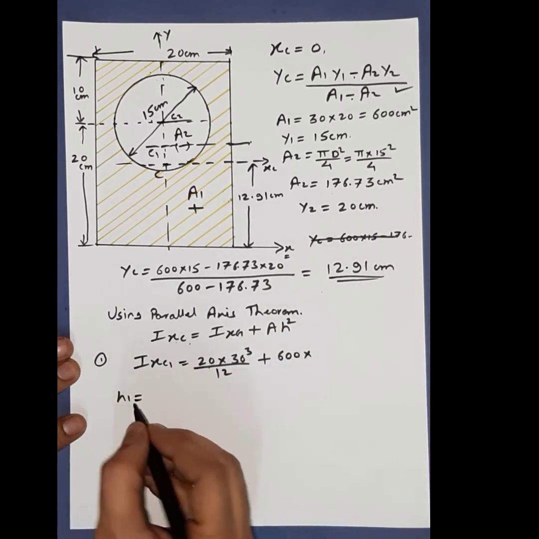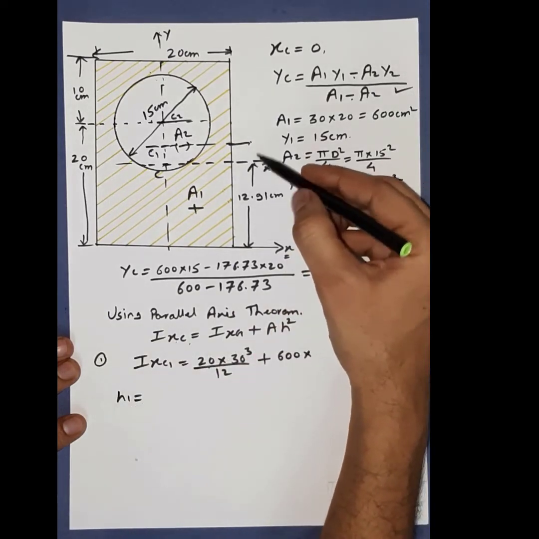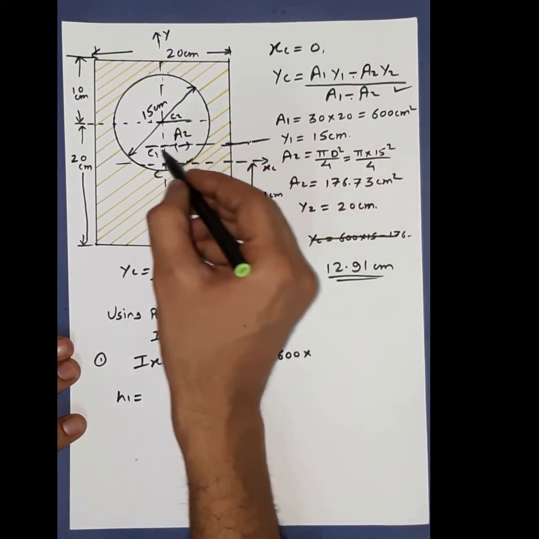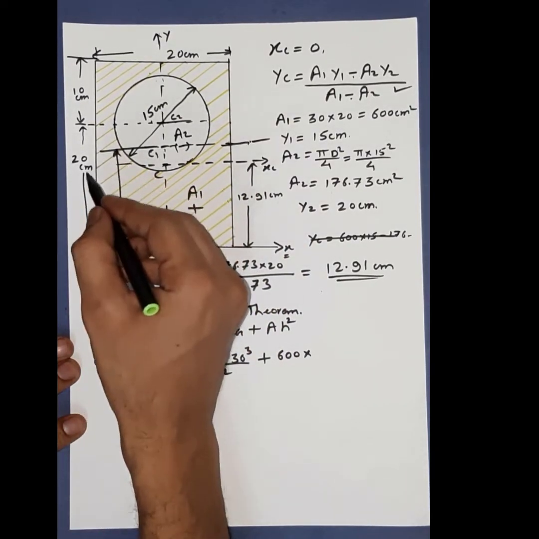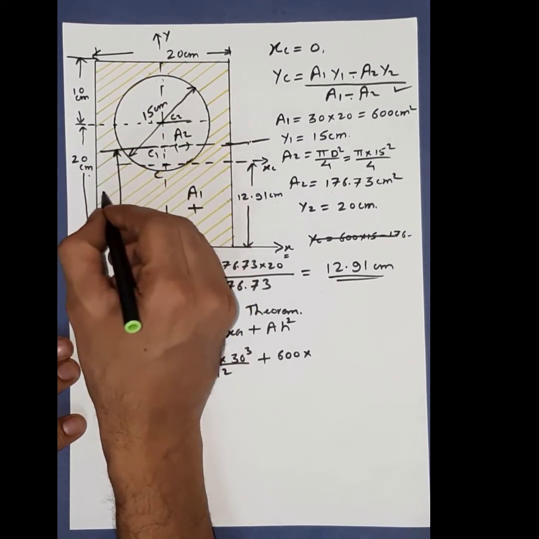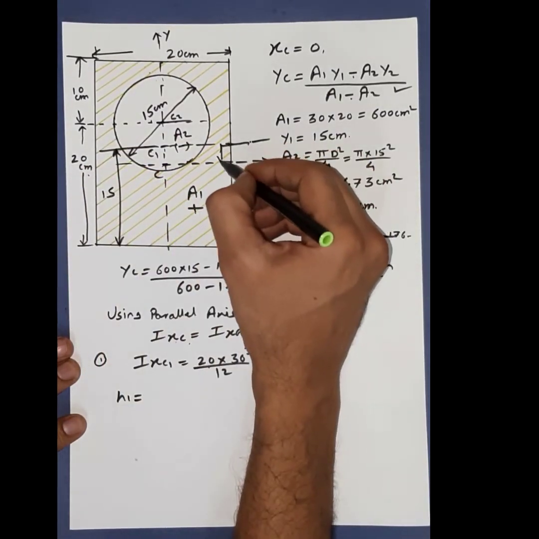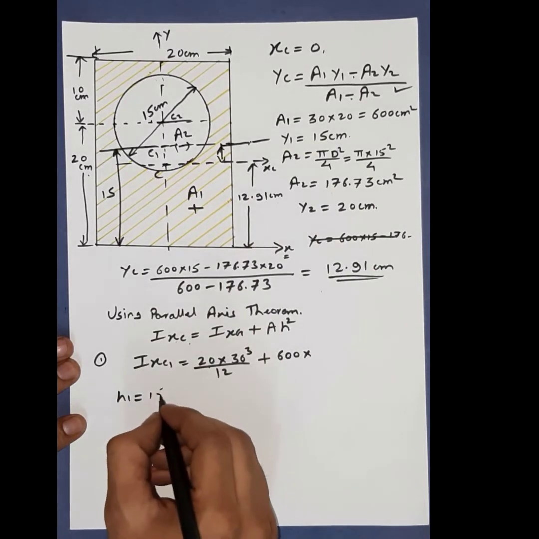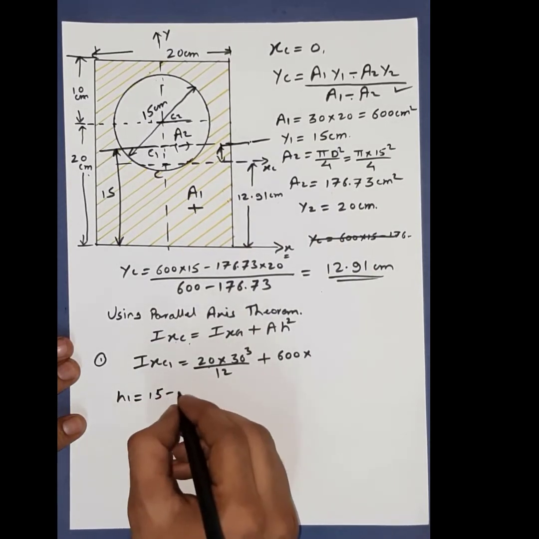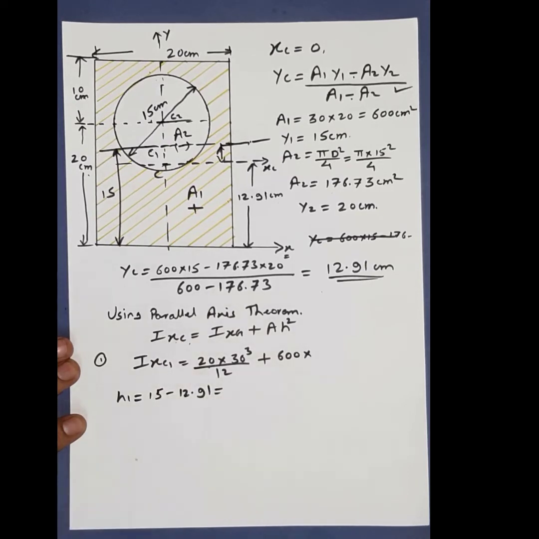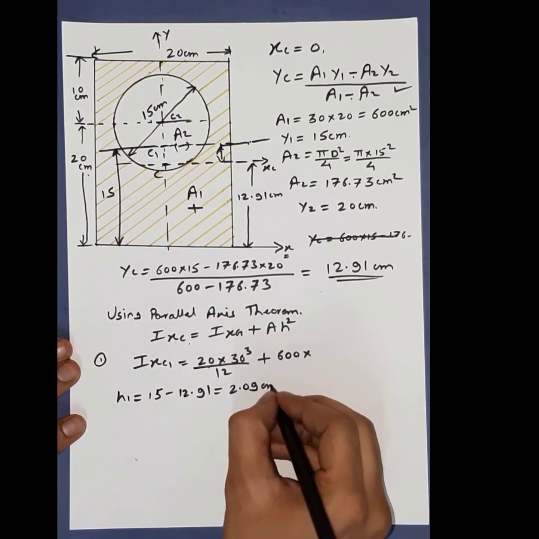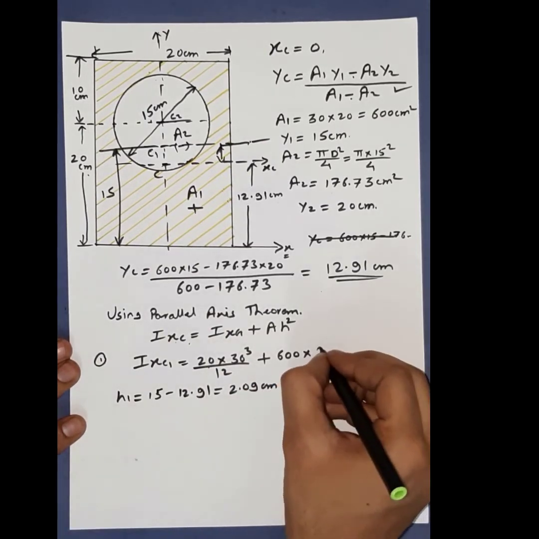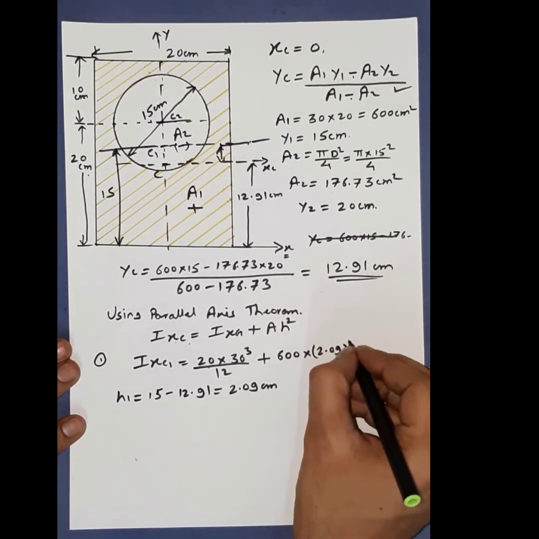So the value of h1: we know this distance is 12.9, and we also know the distance from C1, which is 30 divided by 2, so 15. To find this distance, it will simply be 15 minus 12.91, which is found to be 2.09 centimeter, so 2.09 squared.